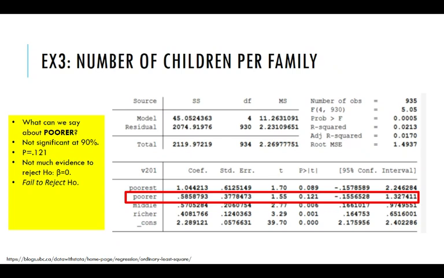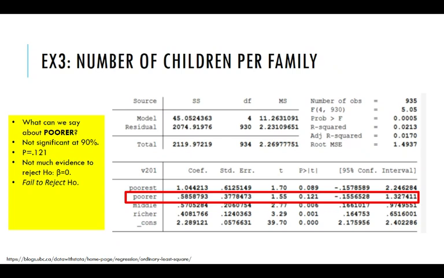Please do not say we support H naught or we accept H naught. The language we need to use in statistics is that we fail to reject H naught. In other words, there's just not enough evidence to claim that we can reject H naught. And H naught, remember, is that our coefficient is equal to 0.